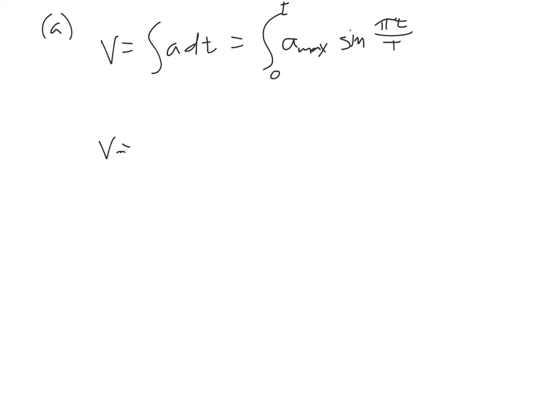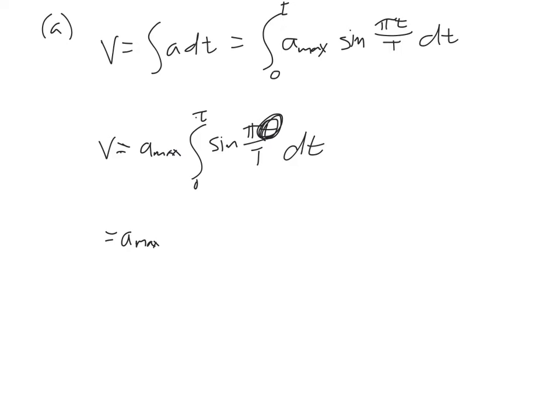So the velocity is going to go, well, a max is a constant, so I can rewrite it like this. Now, forgot my dt. Now, this is going to be with respect to this t. So it's going to be a max times the integral of a sine function, which is a negative cosine function.